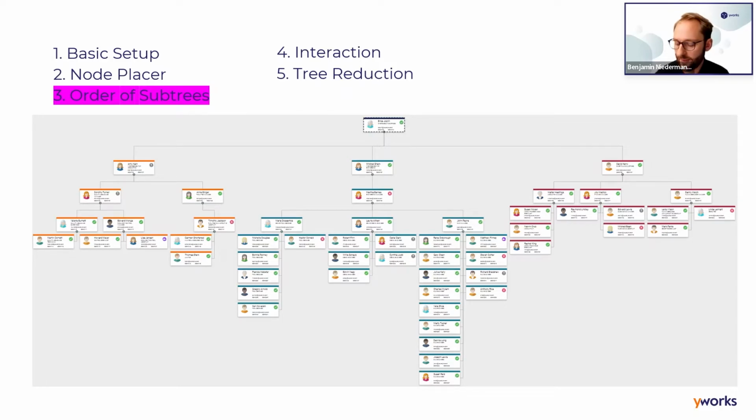And to that end, you can basically tell the layout the order of the outgoing edges. So you can say, okay, for example, this edge here should be to the left of this edge, and so on. And this is what I will do in the next example.